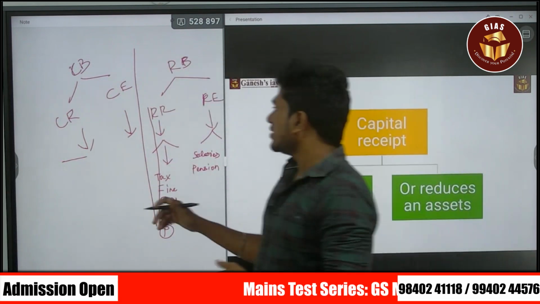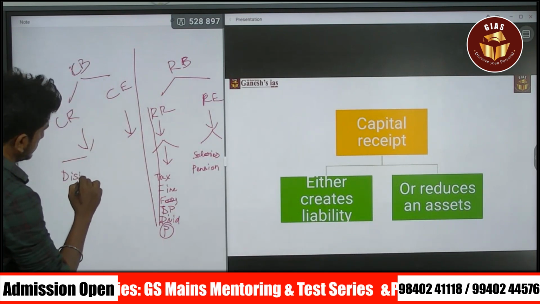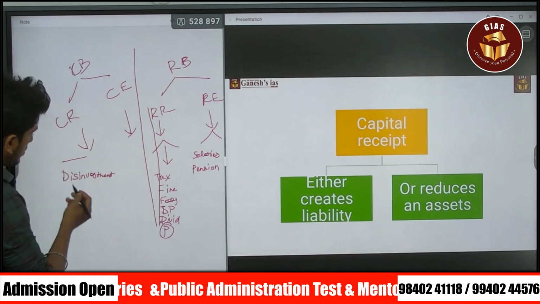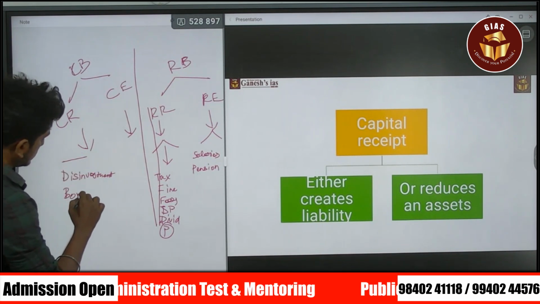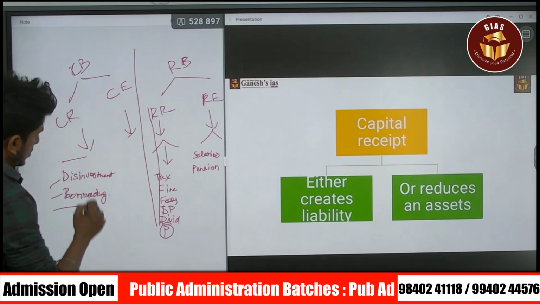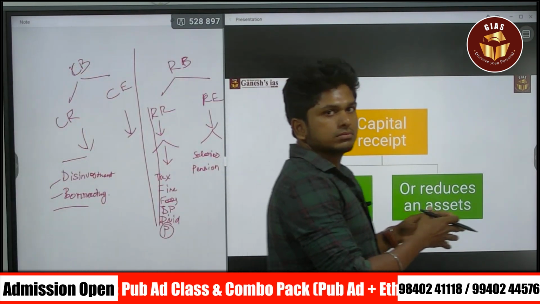So you have to say what are the things under the capital receipt: disinvestments, borrowings. So these are the components that are connected to the capital budget.